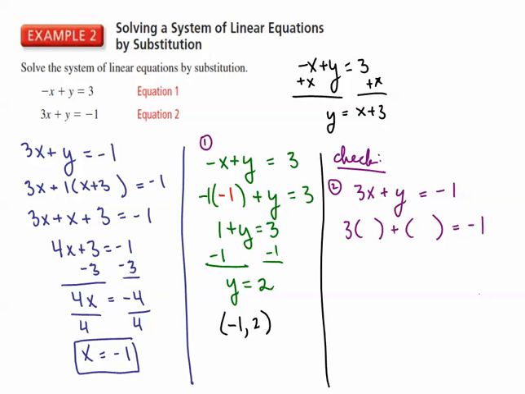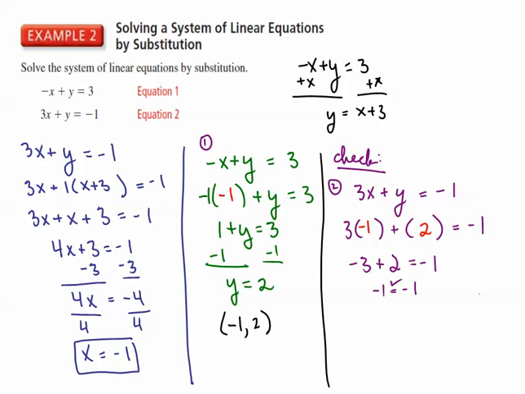So let's see what we get there. x should be negative 1, y should be 2, and let's see what it is that we get. Negative 3 plus 2 equals negative 1. We end up with negative 1 is equal to negative 1, and the solution checks out. So my answer to this is the ordered pair negative 1 comma 2.